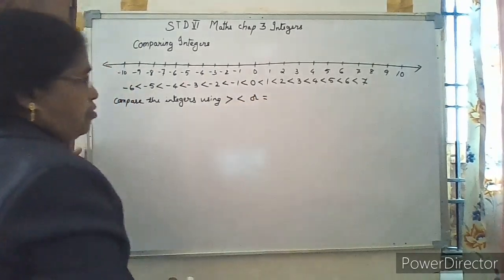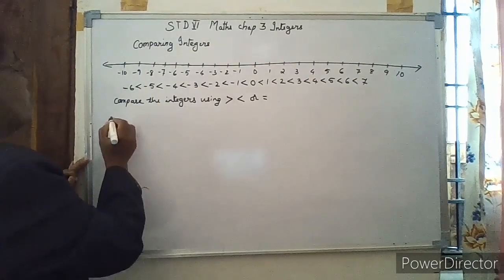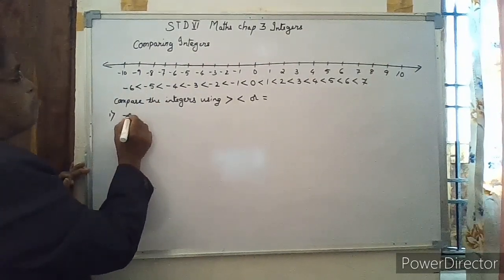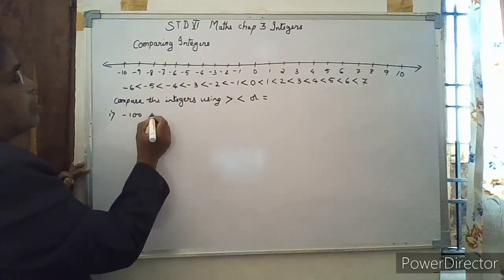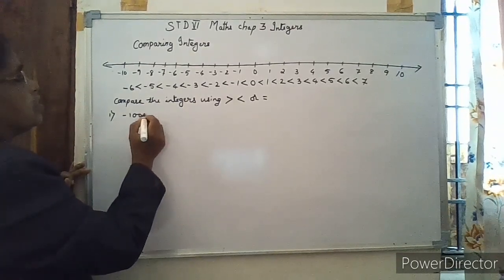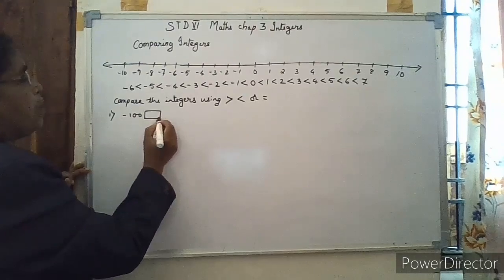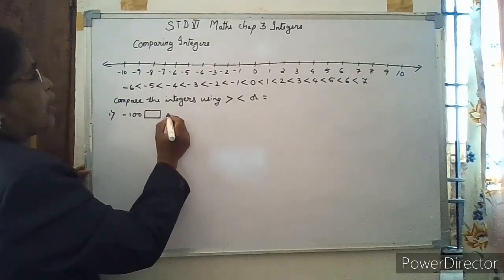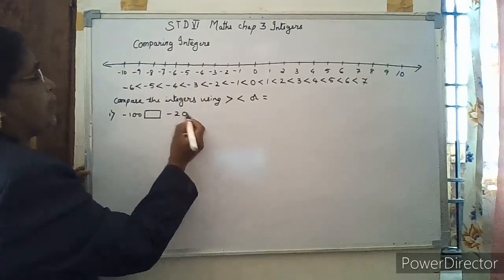See the first example. Put the sign in the box: minus 100 and minus 20.